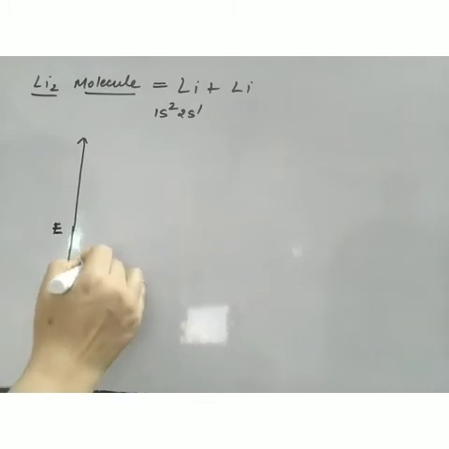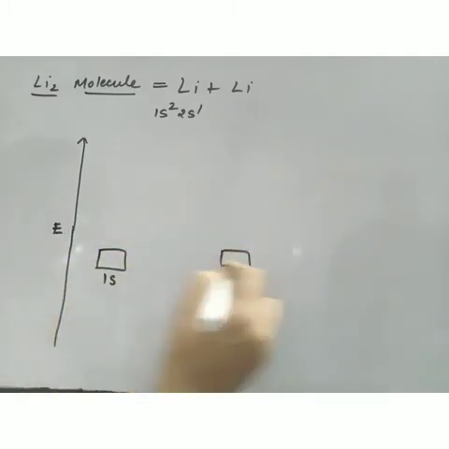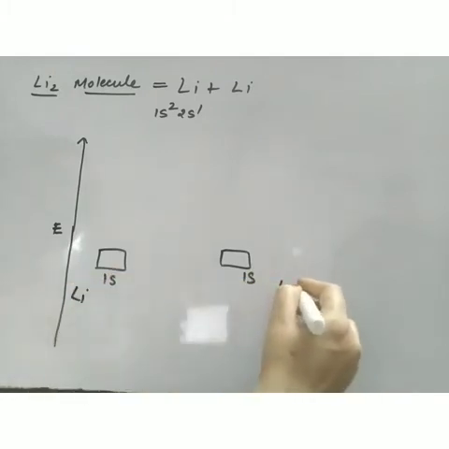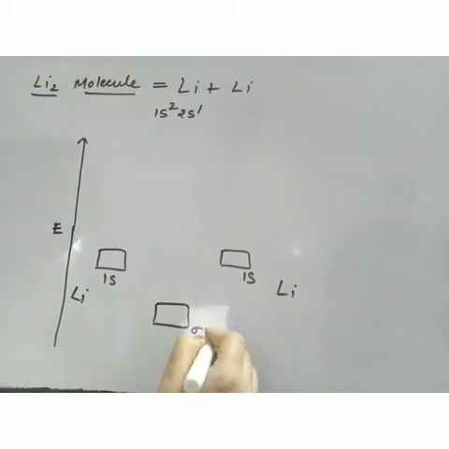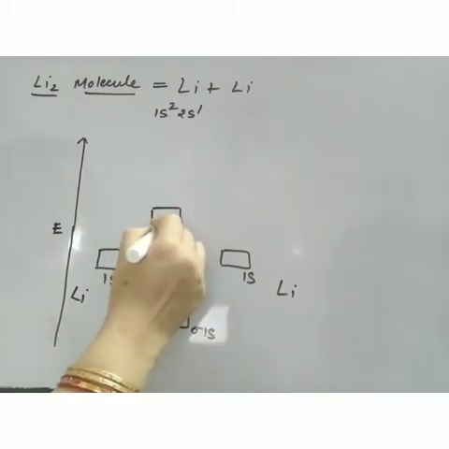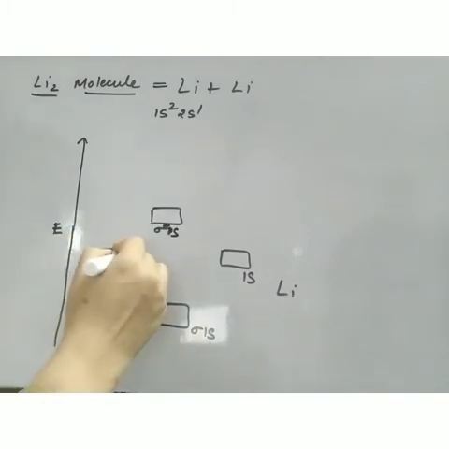This is 1s, this is 1s; this is the first lithium atom, this is the second lithium atom. First addition gives sigma 1s, and then subtraction gives sigma star 1s. Now add these.